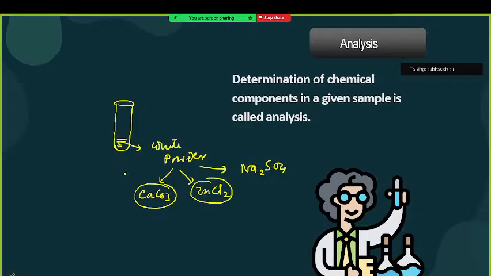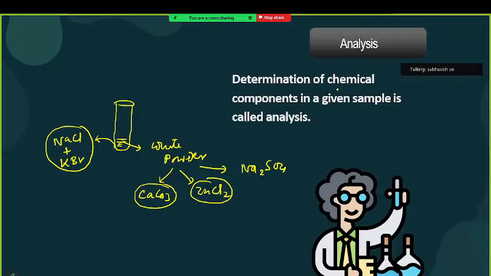Or the powder may even contain more than one salt, like sodium chloride and potassium bromide. So analysis means you have to identify the unknown chemical components present in a given sample.